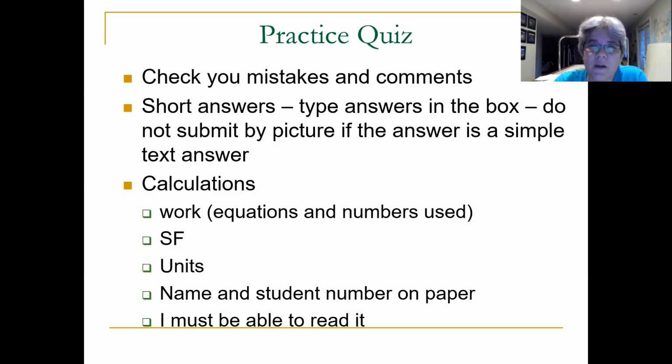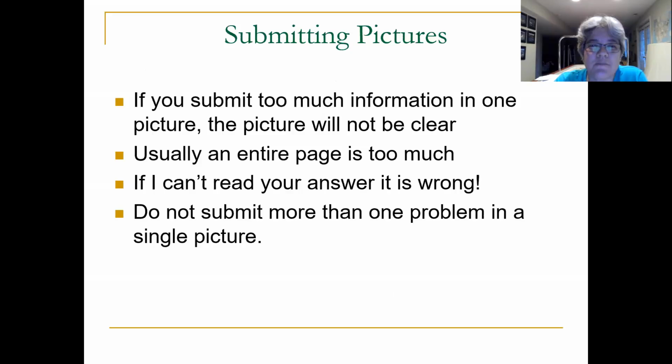And then one note about the pictures. Some of you are filling up a whole page with information and then trying to take a picture. Those pictures are not clear when you put a lot of extra information in the picture, or if you try to do all the problems on one page and just take one picture that you send different times, then I cannot read it clearly. It's blurry.